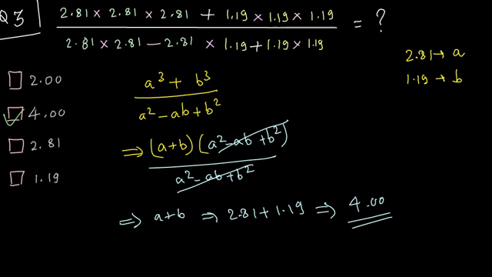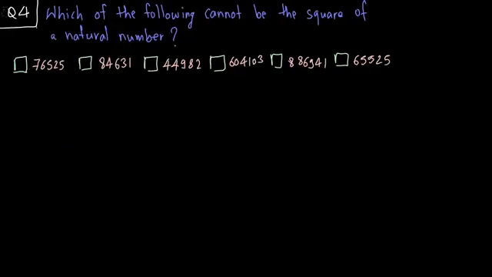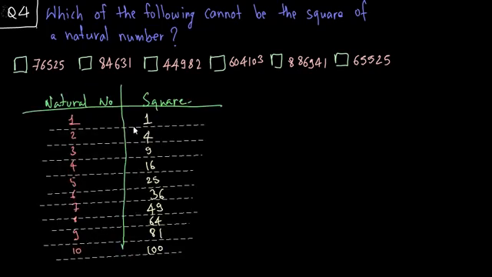Well, that was easy. Let's move on to question 4. Which of the following cannot be the square of a natural number? To solve this question, let me write a table on your screen. This table shows the list of natural numbers from 1 to 10 and their squares.